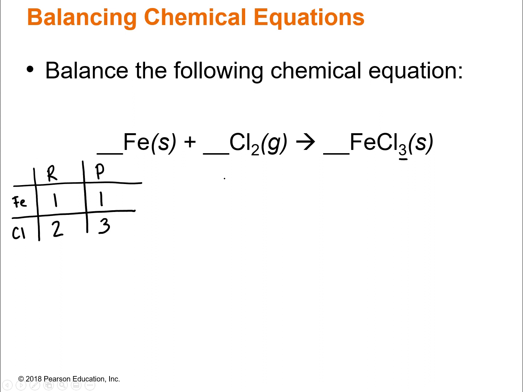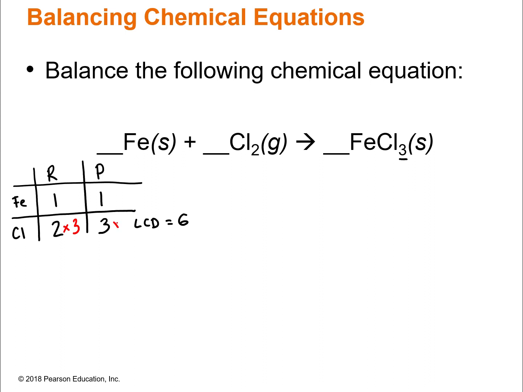So what you need to do is figure out the lowest common denominator. So what's the smallest number that both 2 and 3 can be used to divide evenly into? That would be 6. On the reactant side, I can multiply by 3.